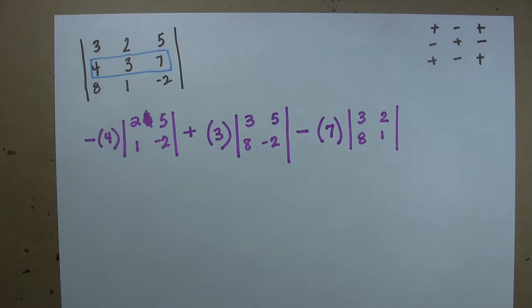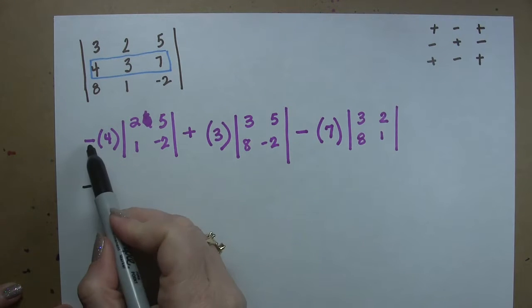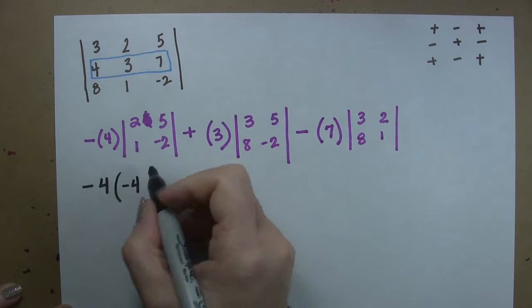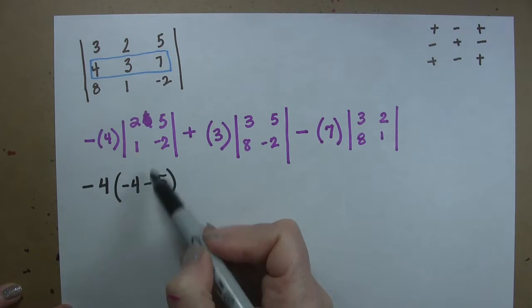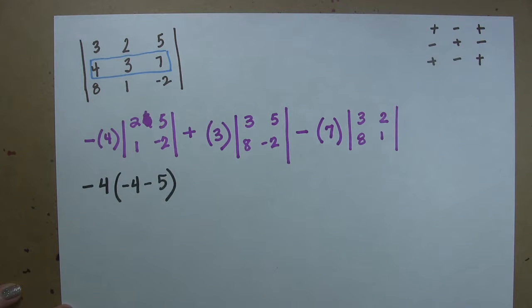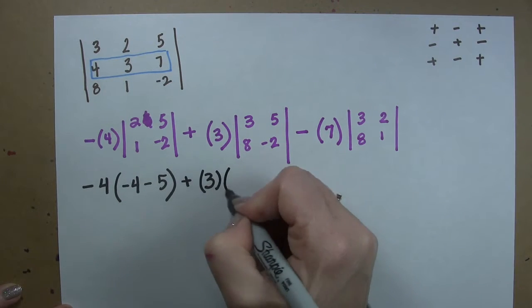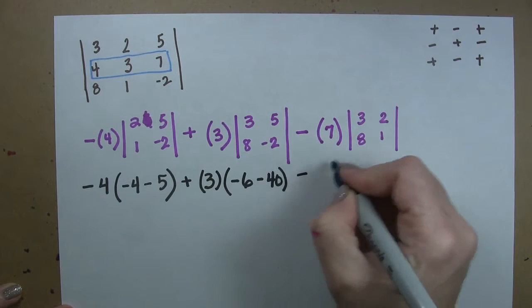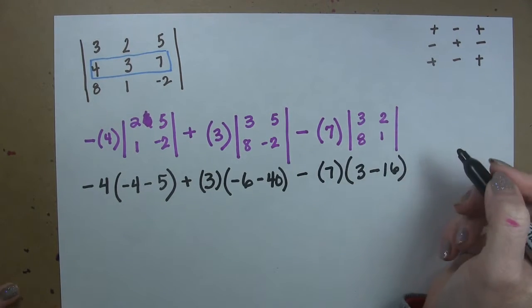All right, now we get to simplify. So this will be negative 4, right, because this is negative 1 times 4, times negative 4 minus 5, right? 2 times negative 2 is negative 4, minus 1 times 5 is 5, plus 3 times, what is this, negative 6 minus 40, minus 7 times 3 minus 16.